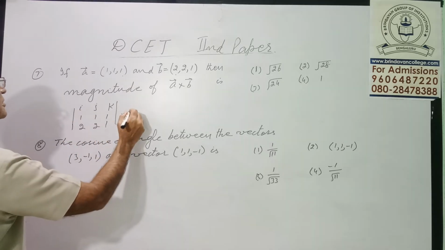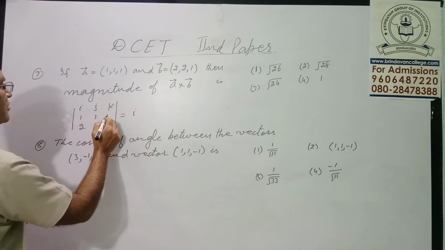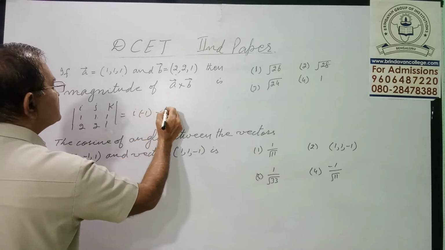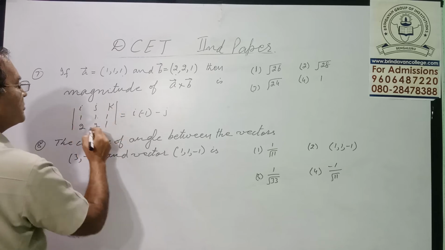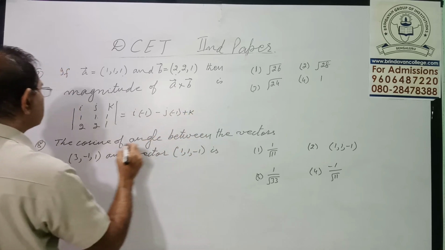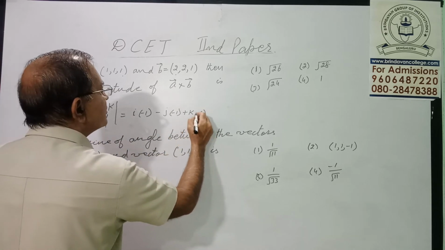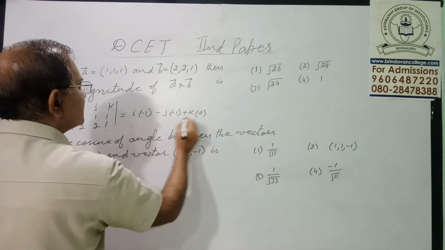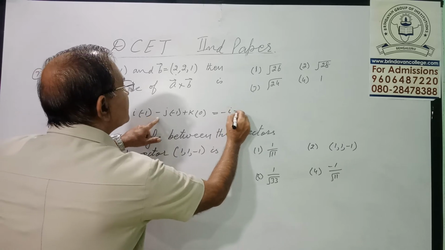Then expand it like a determinant, that is I, it's 1 minus 2 minus 2 minus j, column and row, it's 1 minus 2 minus 1 plus k, cut this row and column, 2 minus 2 0. So this is what we will get, which will come out to be minus I plus j.